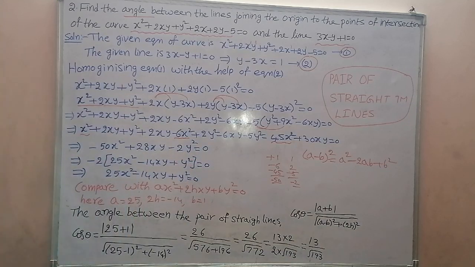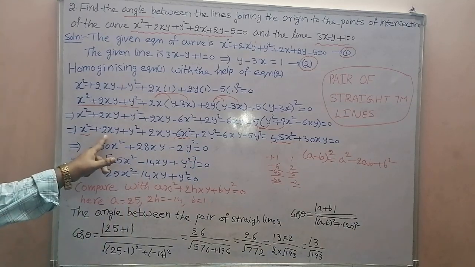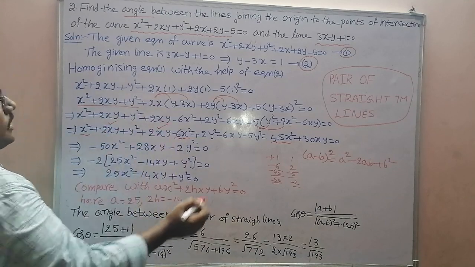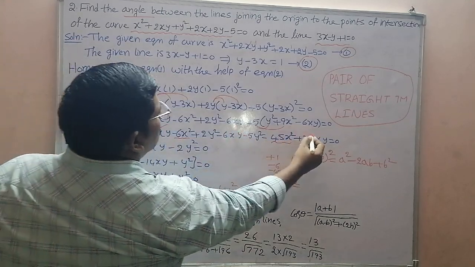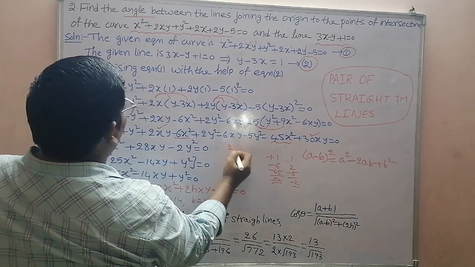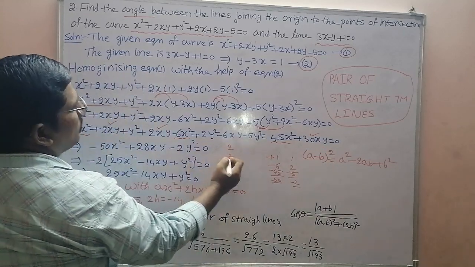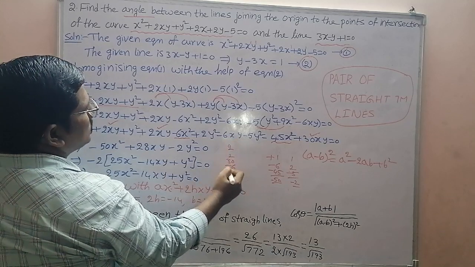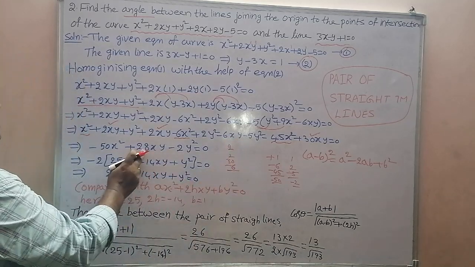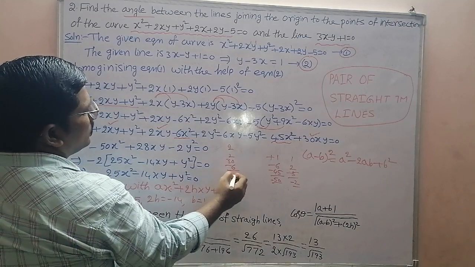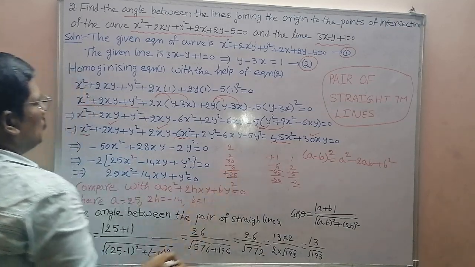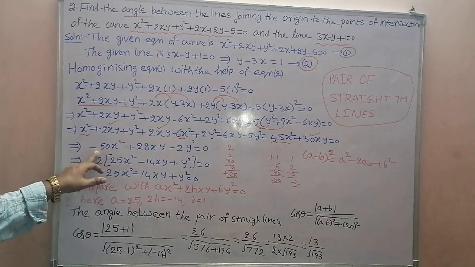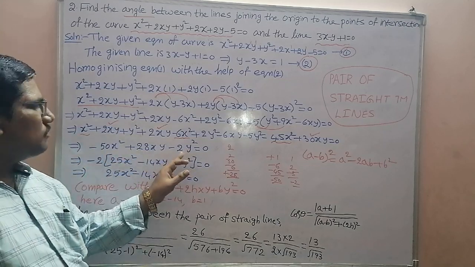Next the xy coefficient: 2xy plus 2xy is 4xy, plus 30xy gives 34, and minus 6 gives plus 28. So the xy term is plus 28, the x square term is minus 50, and the y square term is minus 2.